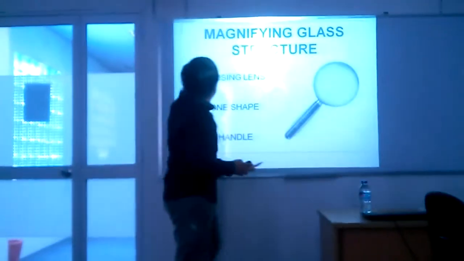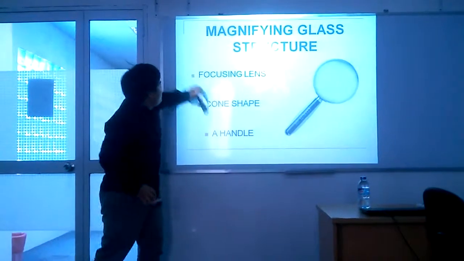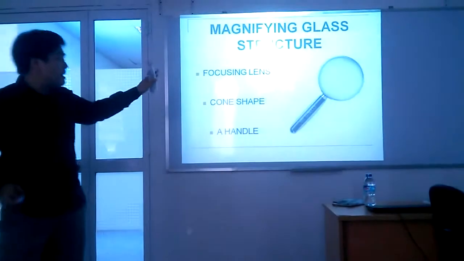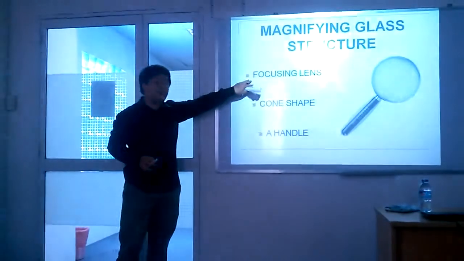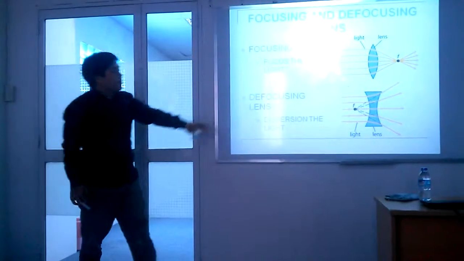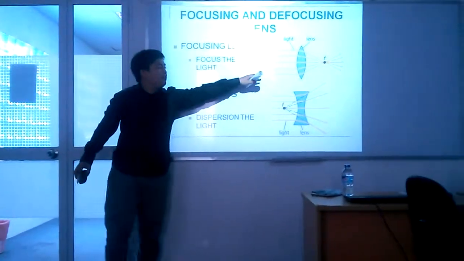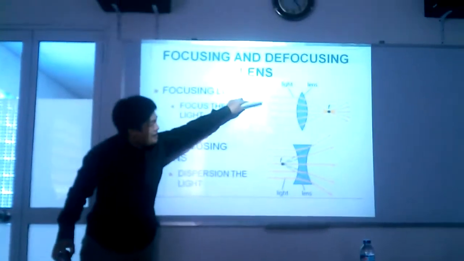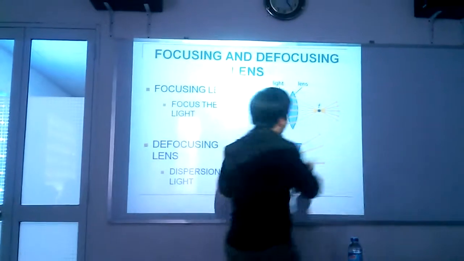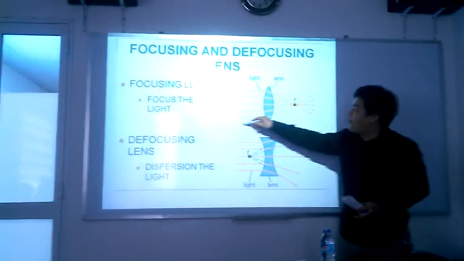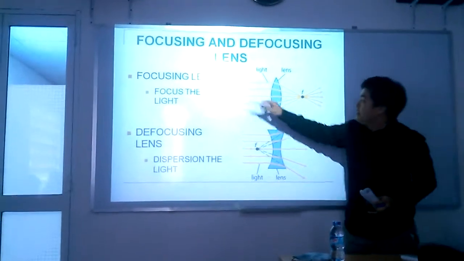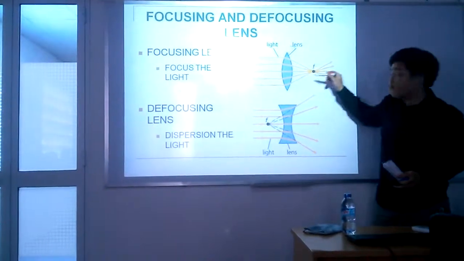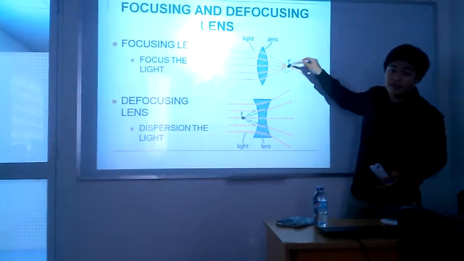I will show you the real meaning of the focusing lens. On the left of my hand, we have the focusing lens. That means it focuses the light. If the light goes through the lens, it will focus on one point.